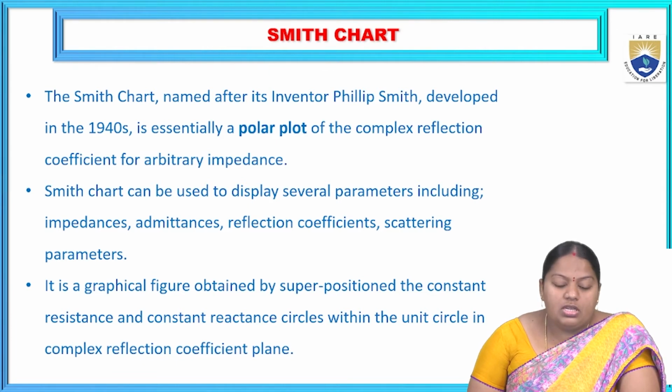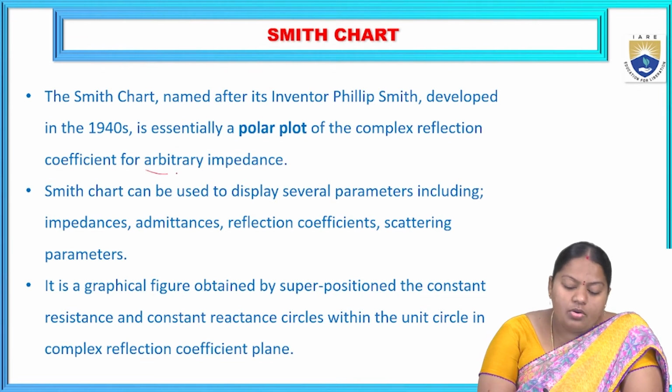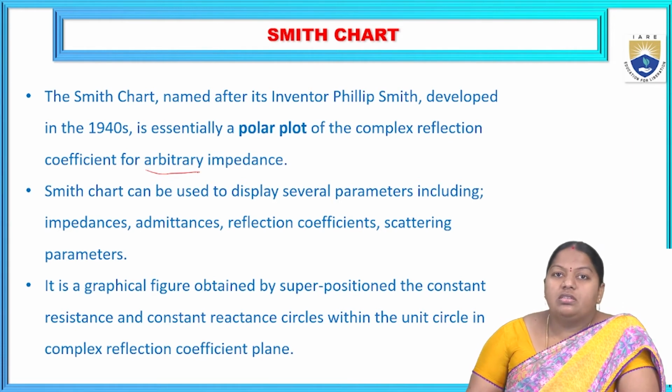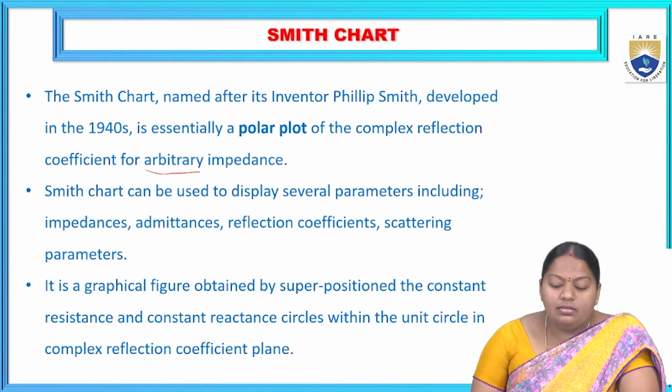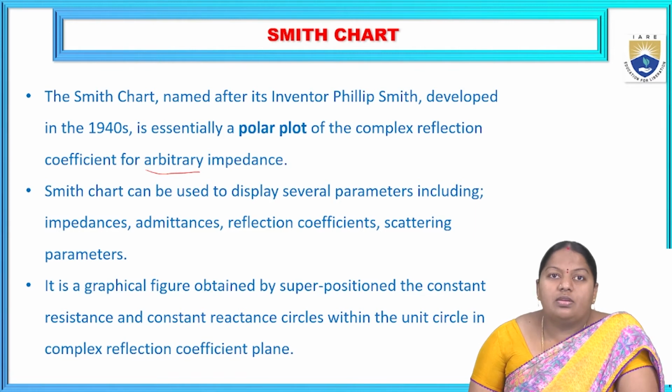It was developed in the 1940s and is essentially a polar plot of the complex reflection coefficient for arbitrary impedance. Arbitrary means our own defining impedance. It is our choice to select that particular impedance. Right? So basically it is a polar plot in the complex reflection coefficient plane.